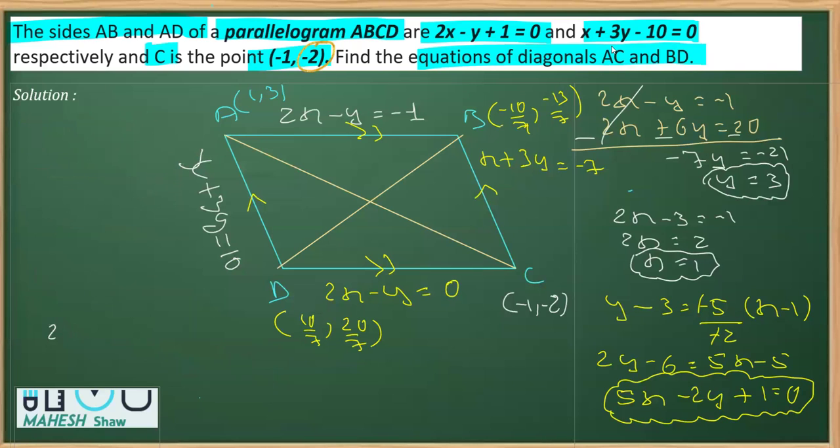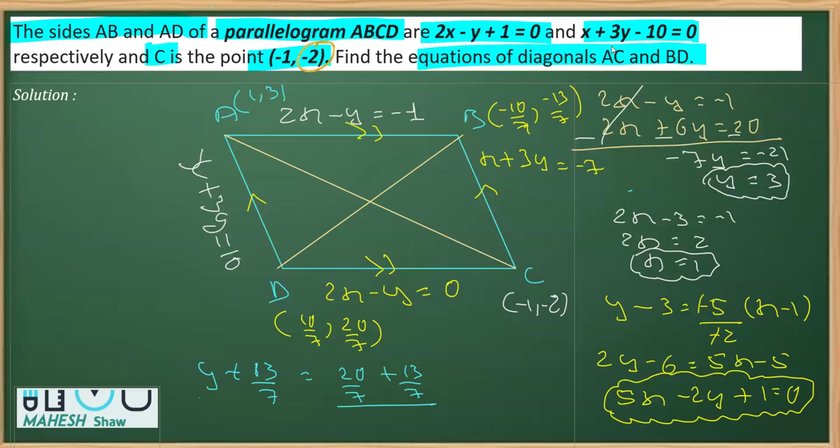For that, we are going to apply the formula, that is y minus y1, so this is minus minus plus, equals y2 minus y1 over x2 minus x1 into x minus x1.